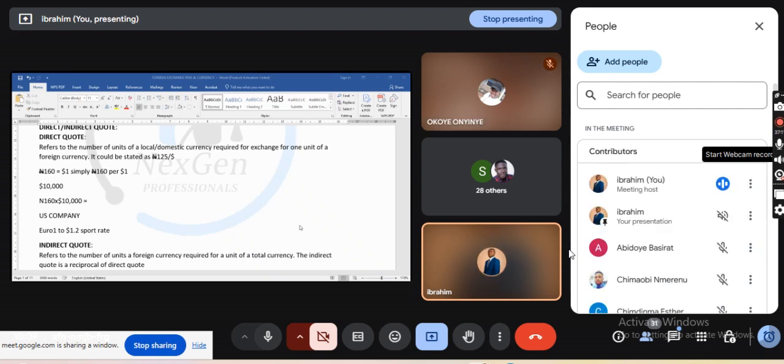But this is what I know about direct quotes, and that is what I've actually explained. I don't know why the person said if you have $1 it is a direct quote.